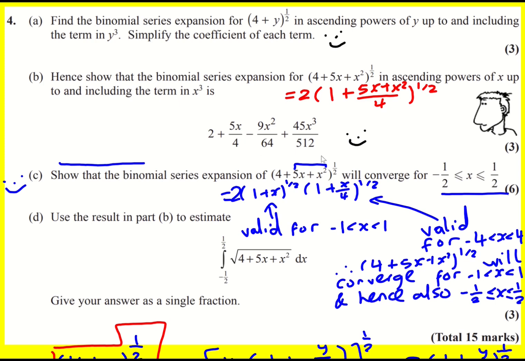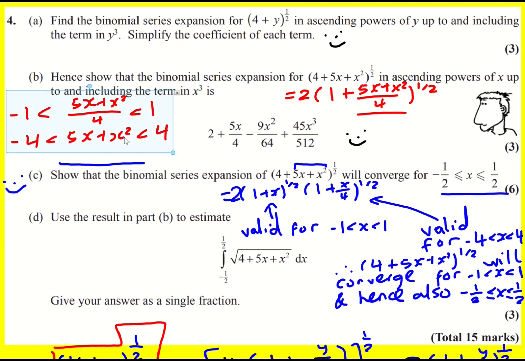And so we would require that this term here is between minus 1 and 1. Which would give us minus 4 less than 5x plus x squared less than 4. And we've got this sort of quadratic inequality to solve, but it's actually between these 2 values. So I'm going to go through how we do this.